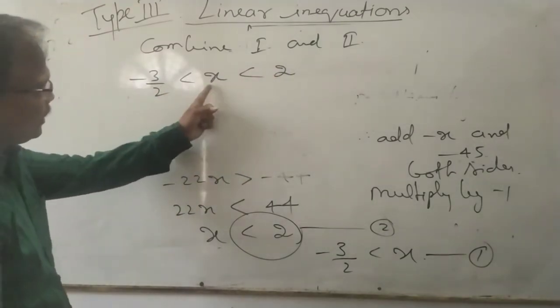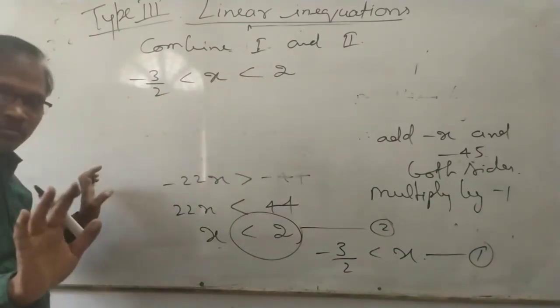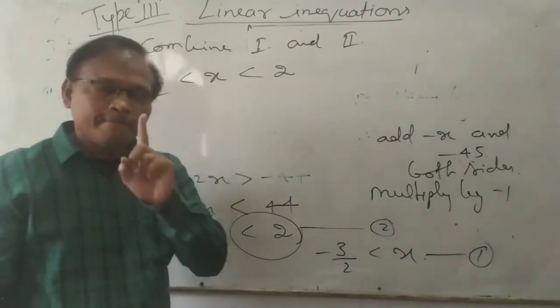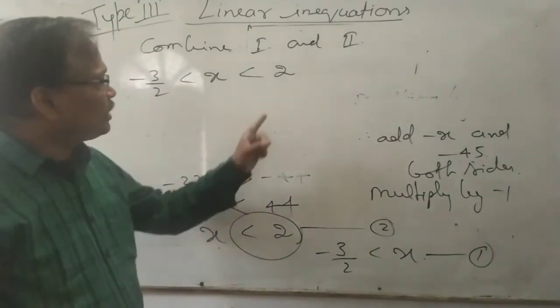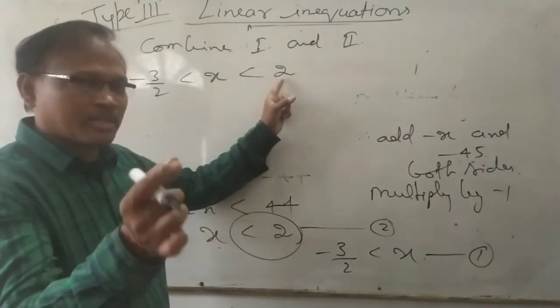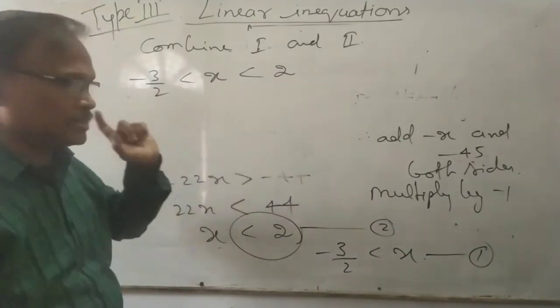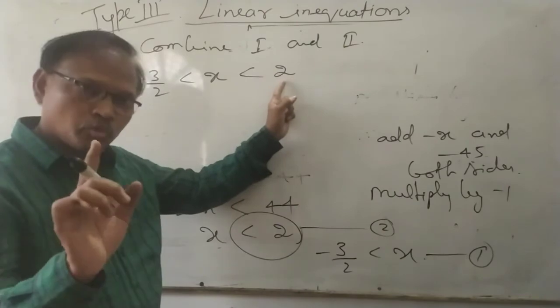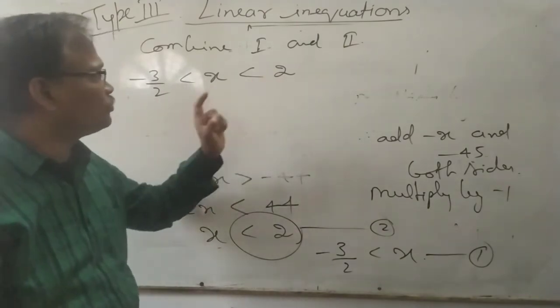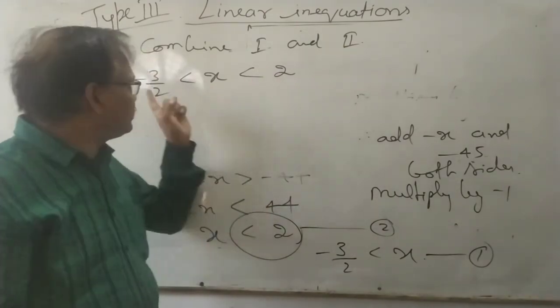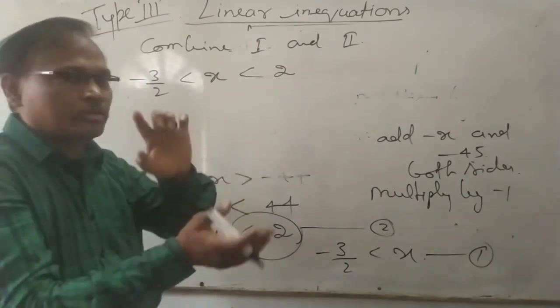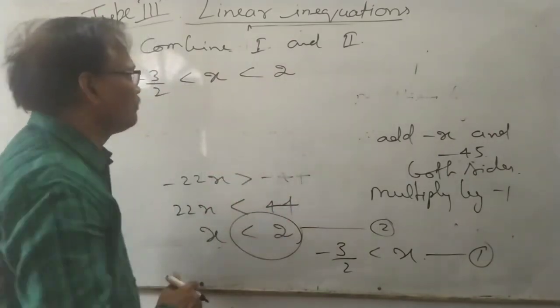This is the first part and this is the second part, combined. Okay, it is clear. One thing, यहाँ पे right hand side, अभी मैंने बताया था इसके पहले वाले क्वेश्चन में कि that should be greater than the left hand side, and it is. 2 is greater than minus 3 by 2, so there is no problem. अगर ये चीज इधर होती, ये इधर होती तो हमको इंटरचेंज करना पड़ेगा.